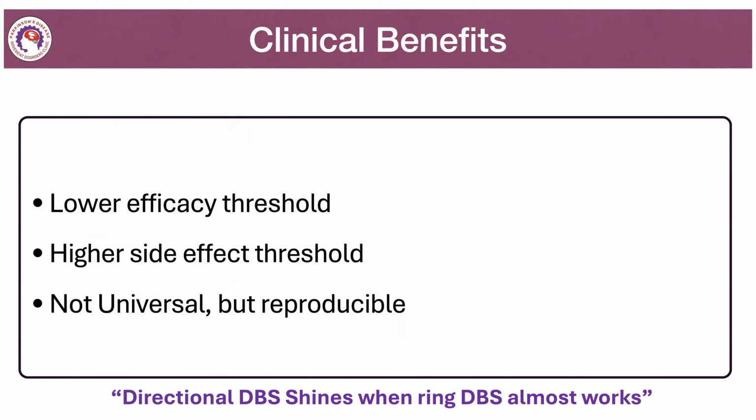And it tries to increase the higher side effect threshold, so you can go away from the more critical structures and utilize more stimulation-related structures. Even though it is not universal, it is reproducible. So in the simplest terms, directional DBS works where ring DBS is almost working. That is what you should remember.